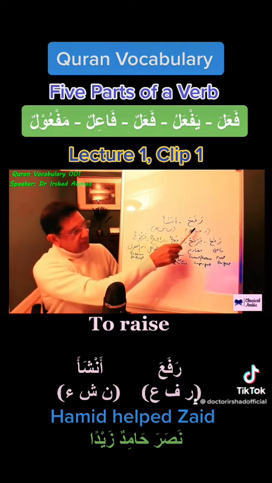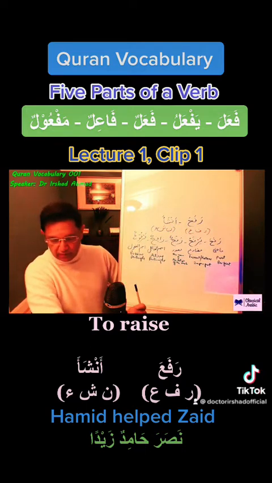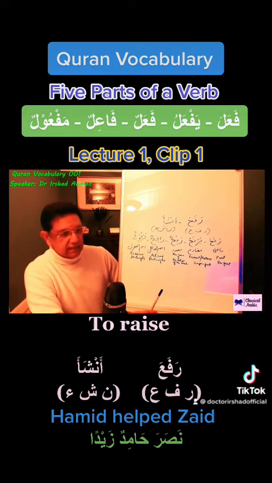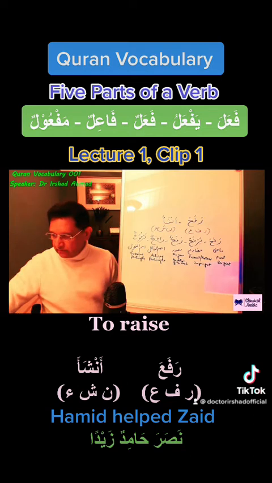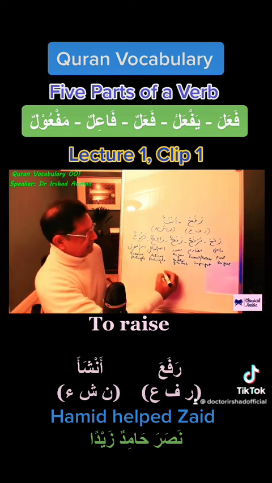And both of these are verbs. This is a verb and this is also a verb. Although we have not really studied verbs so far, we used a verb right at the beginning of our Arabic lessons when we said Hamid helped Zaid. The verb which was used in this sentence was Nasara.